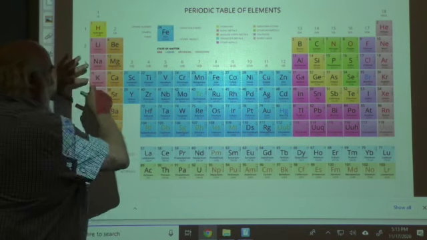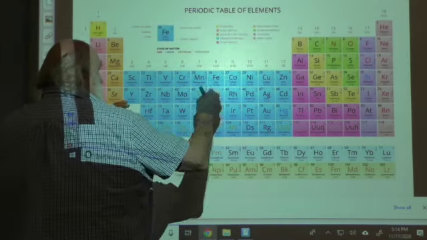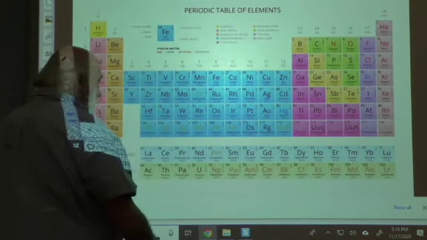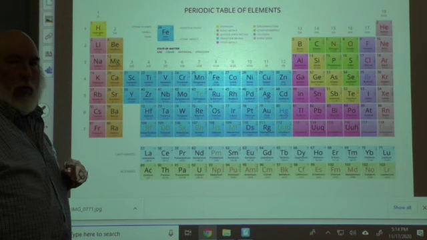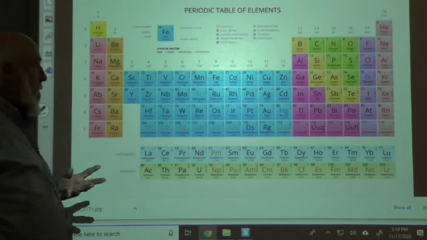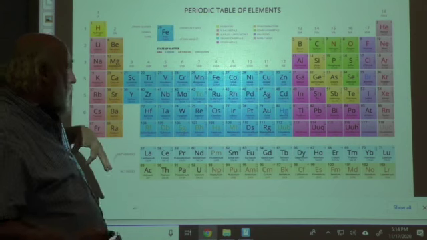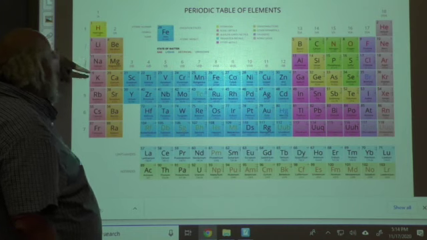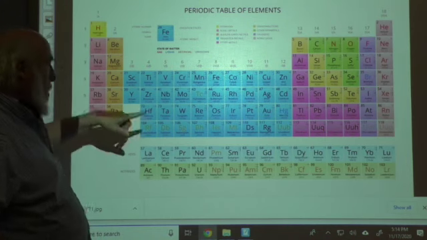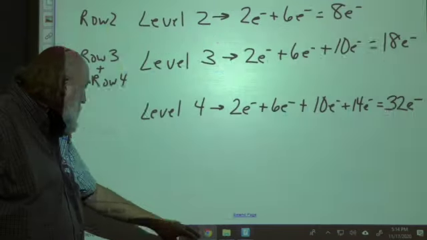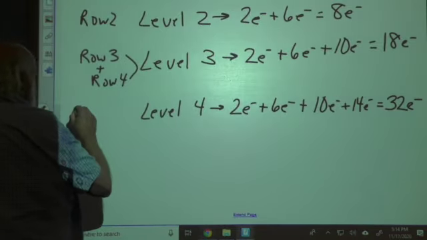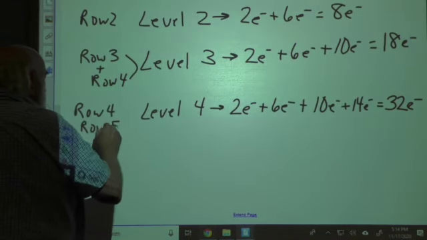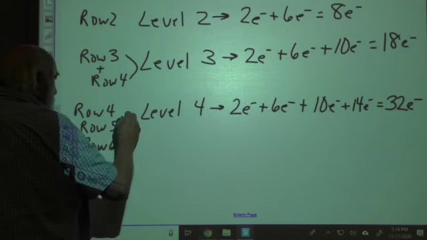So that means we got 4th row for these, 5th row for these, 4th row for these, and 6th row for these. So our electrons are found in 3 rows, and the first row is split up into 3 parts. So that means we're going to find it in row 4, row 5, and row 6. So we'll put that right here. So row 4, row 5, and row 6.